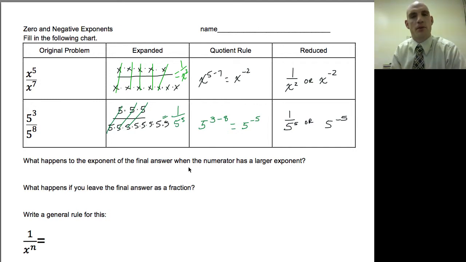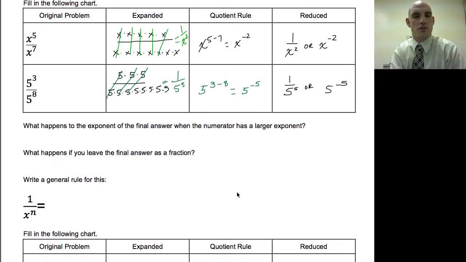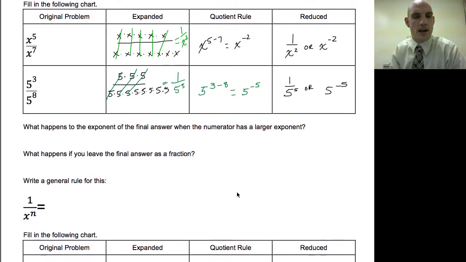What happens to the exponent of the final answer when the numerator has a larger exponent? What happens if you leave your final answer as a fraction? Okay, so answer these questions and see if you can find some comparisons. And then I want you to write a general rule for this. Knowing what you know about what's up top, if I have 1 over x to the n, what do I know that equals?